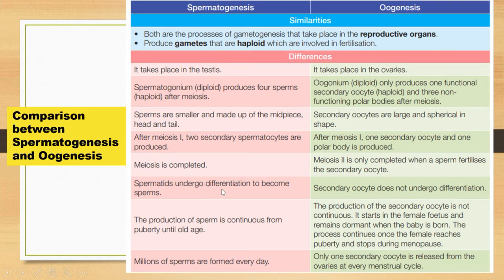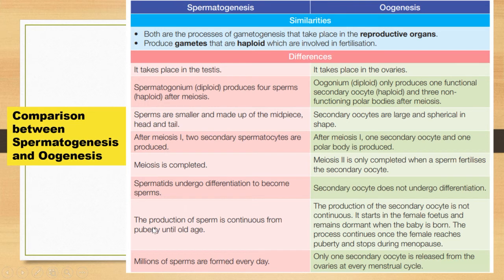It is the process of cell specialization to become more specific in function. So spermatids undergo differentiation to become sperms, whereas the secondary oocyte does not undergo differentiation.